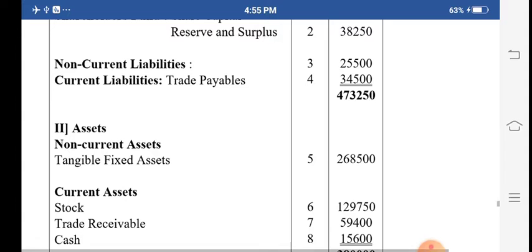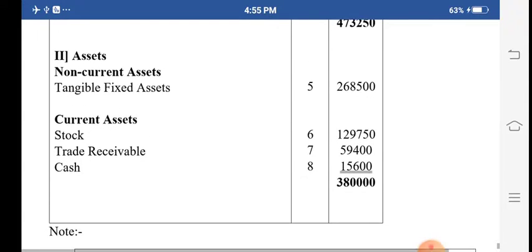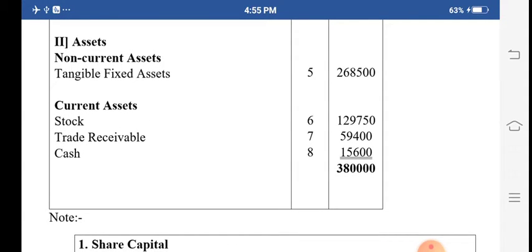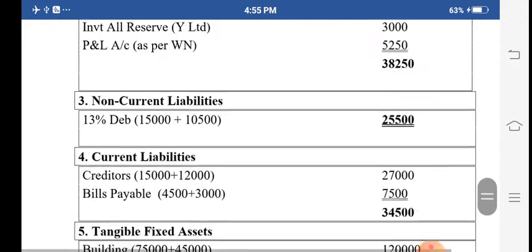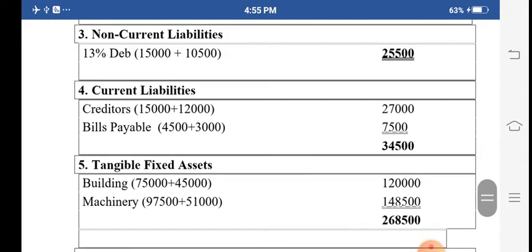Now see the assets, heading number 2, which includes the non-current assets. Under non-current assets, tangible fixed assets, note number 5. Now see note number 5. Related to the tangible fixed assets, the building is 75,000 for X Limited and 45,000 for Y Limited.